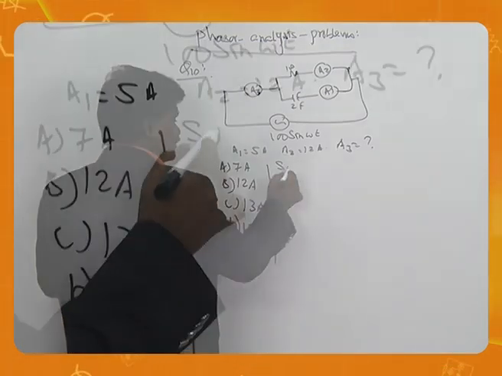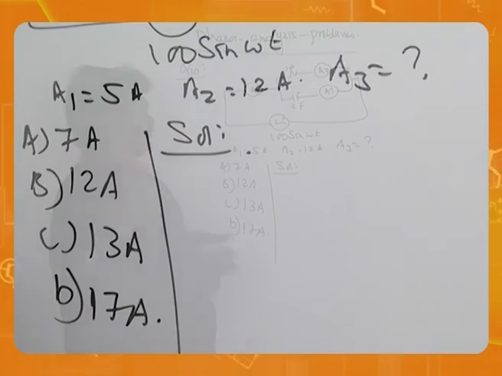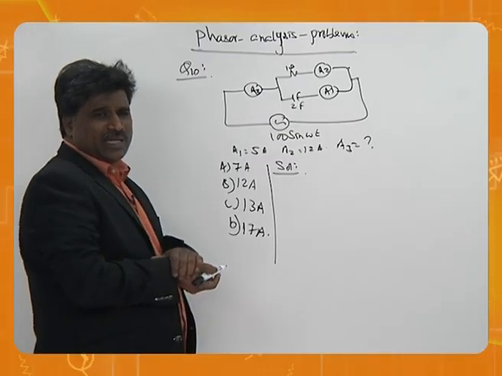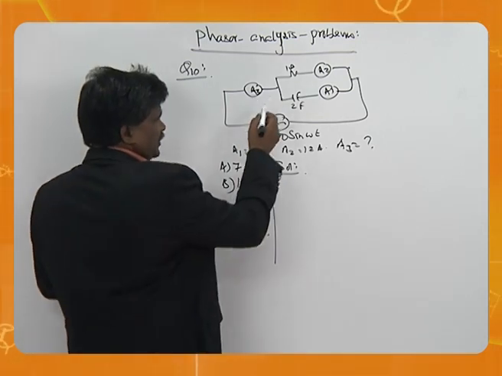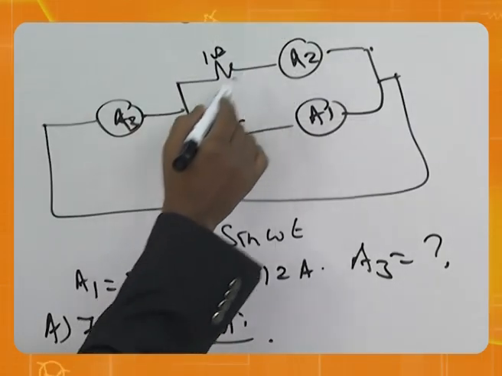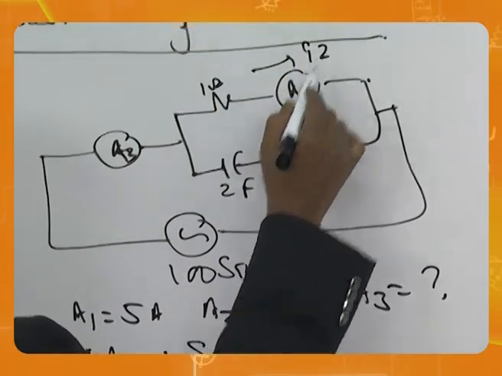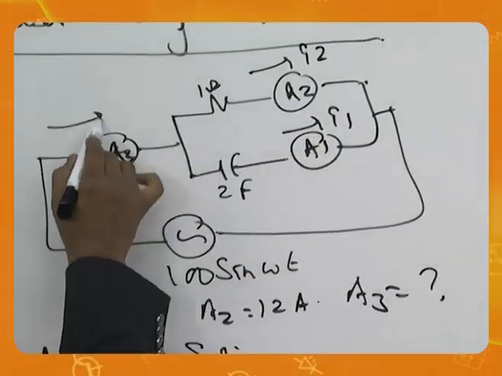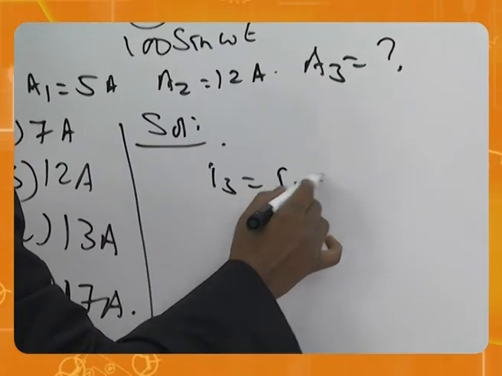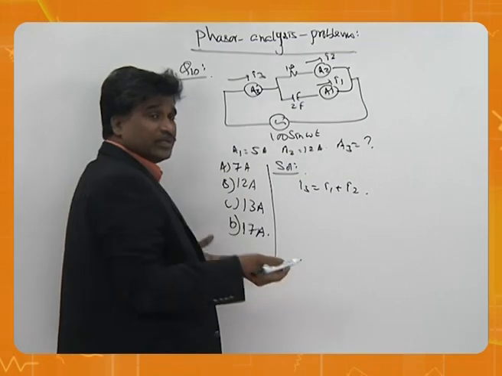Let me start the solution. Indirectly speaking, he is only asking one thing. It is an AC concept. For example, if I call these I1, I2, I3, what is generally I3? I3 is equal to I1 plus I2.